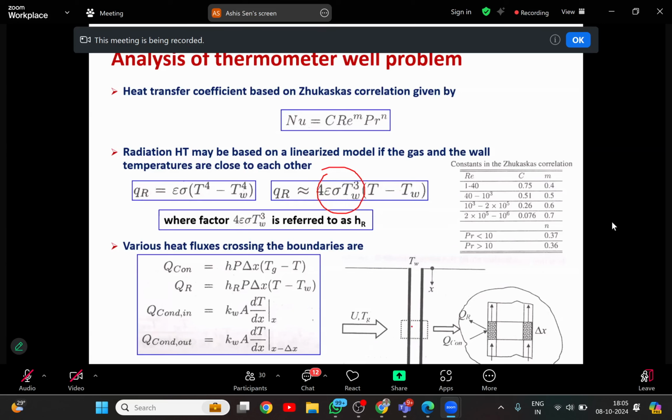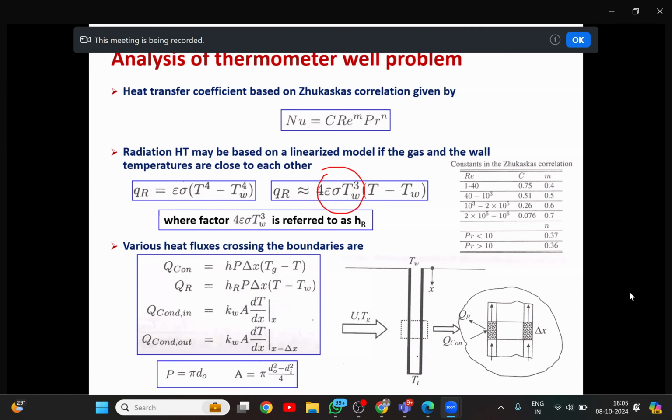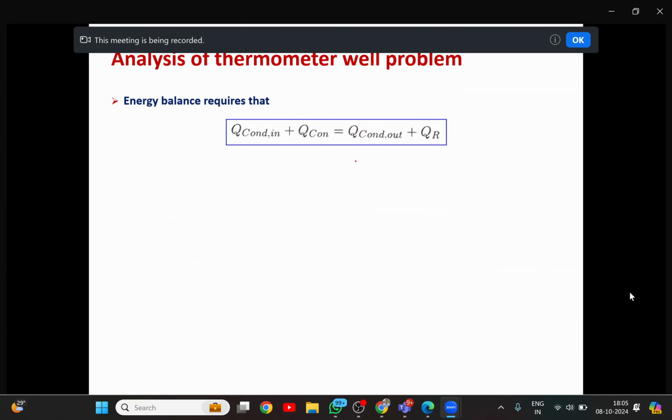So we need to see what is coming in. The convection is coming in, heat conduction is coming in, heat conduction is going out, and radiation is going out. If you write this energy balance, conduction coming in plus convection coming in is equal to conduction going out plus radiation going out.